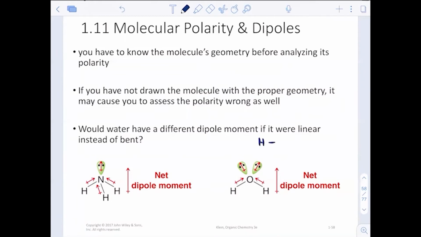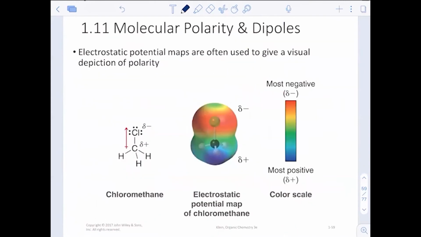So for instance, if you just did water looking like this and you said it was linear, you might say that the vector sum would be net 0 because you forgot there's lone pairs and you forgot that that is bent, not linear. So be very, very careful when analyzing all of these. You have to understand and really value the overall idea of the geometry first before analyzing the polarity.